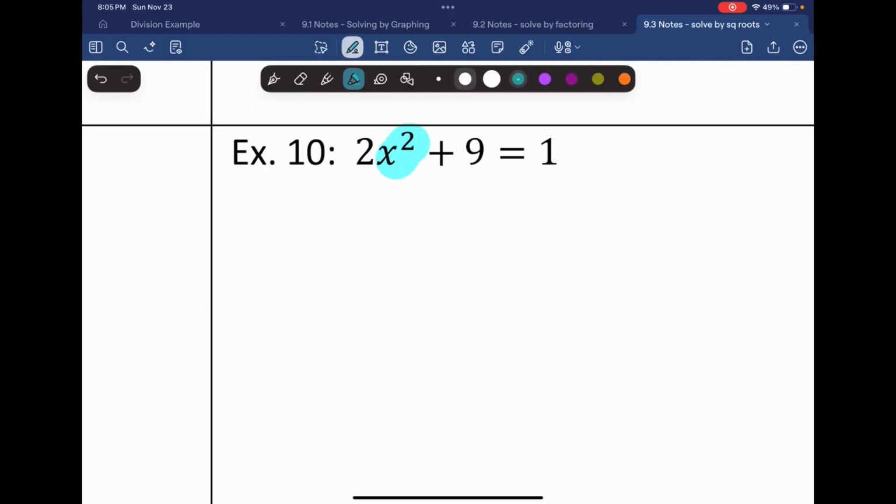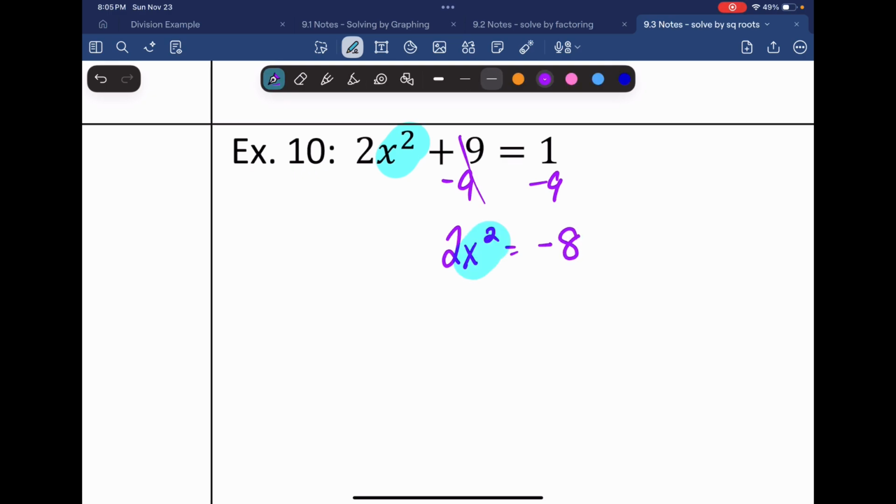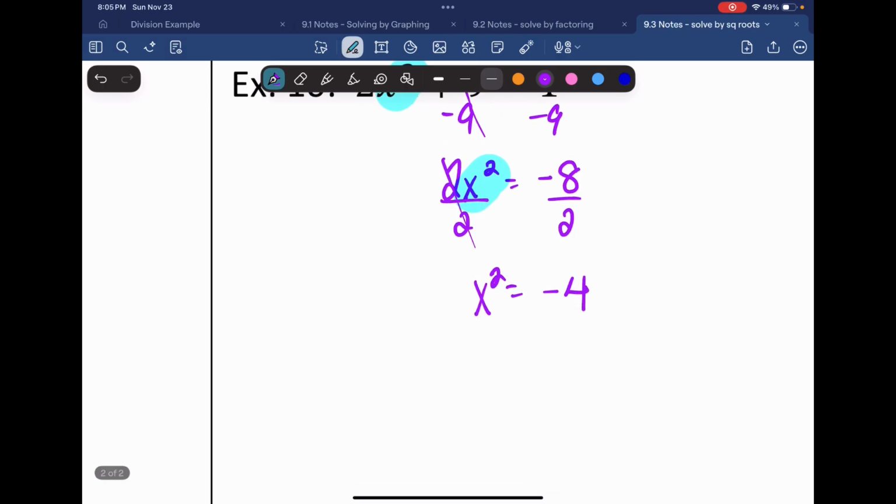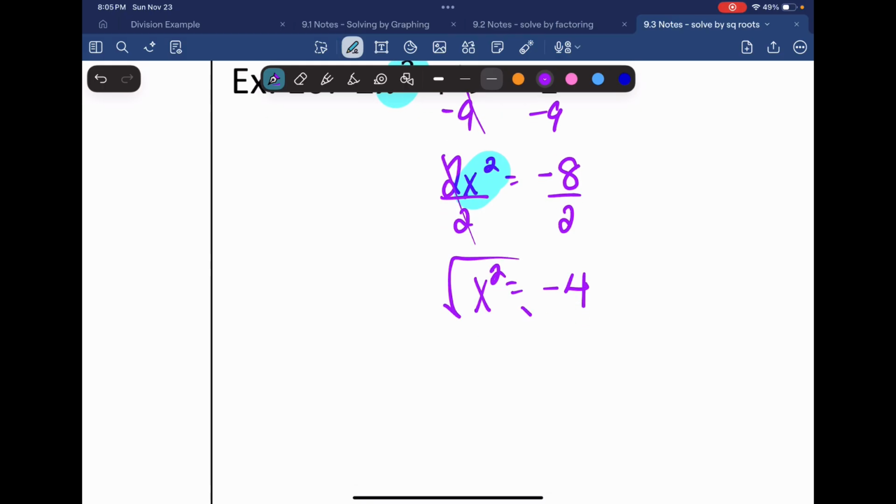There's my square. So I'm going to subtract the 9. Still have the square. So I'm going to divide both sides by 2. Square root both sides. You are taking the square root of a negative number, so take the negative 1 and then that digit.